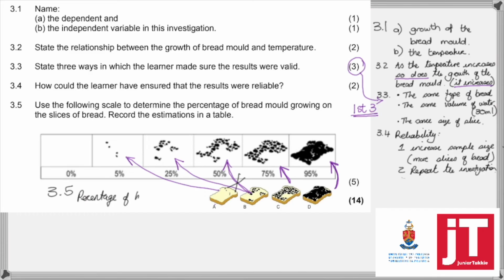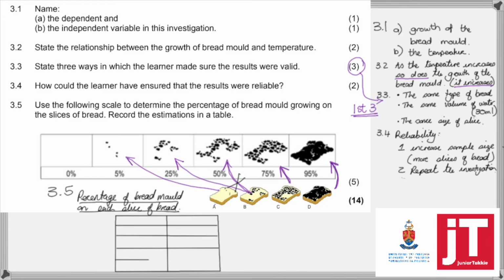We are going to be giving our table a heading: percentage of bread mold on each slice of bread. We underline that, and then we proceed to draw our table. Remember, a table has got rows and columns. My first column is for the slice of bread, and we've got the 4: A, B, C, and D. Then, in the second column, we've got the percentage growth.